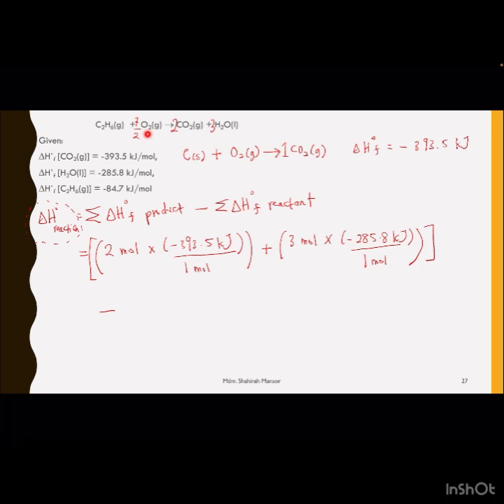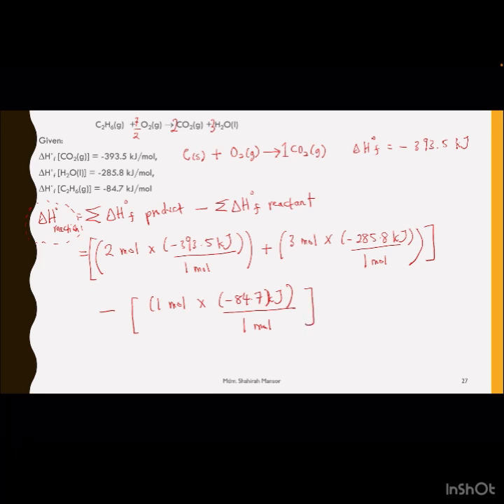Please bear in mind, anything that naturally exists in nature has an enthalpy of formation value of 0. So we are going to minus this one reactant only. We have 1 mole of ethane, and the value is negative 84.7 kilojoule over 1 mole as well.